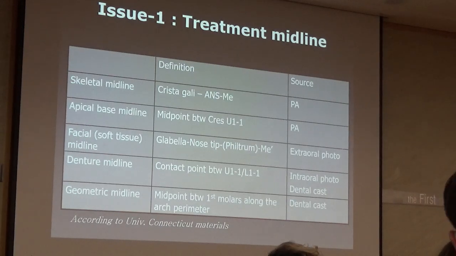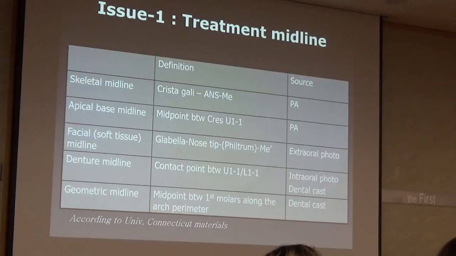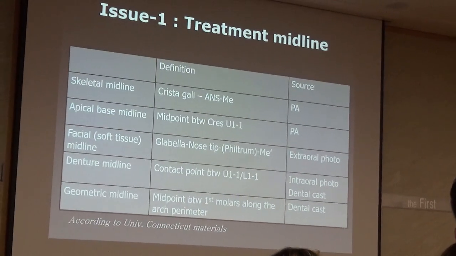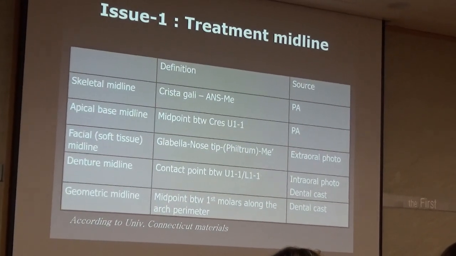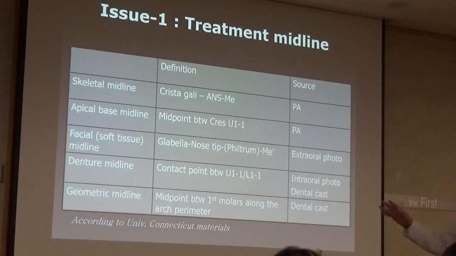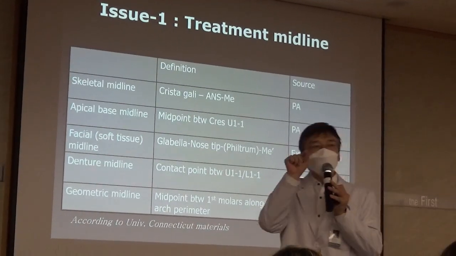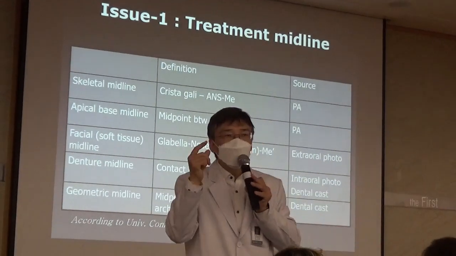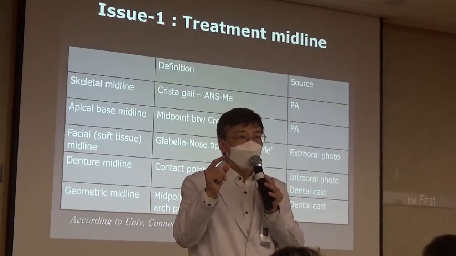We understand the human body is always asymmetric, even by 1 millimeter. Always asymmetric. Is that correct? So, if you find a small discrepancy between right and left side in terms of arch length discrepancy, you will try.